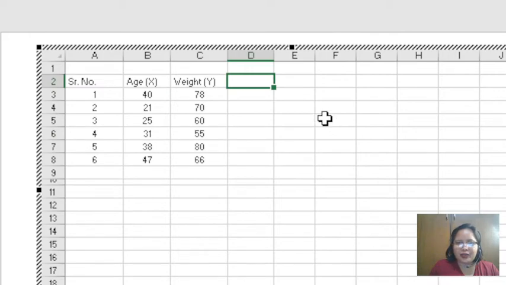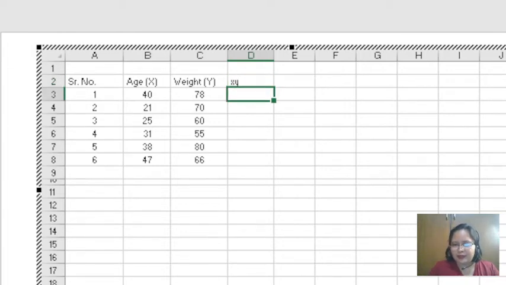Okay, so let's get the value of x and y. We're going to multiply the value of x and y.